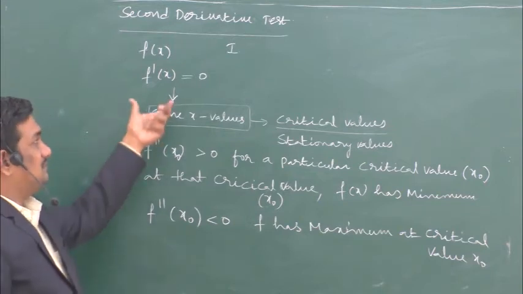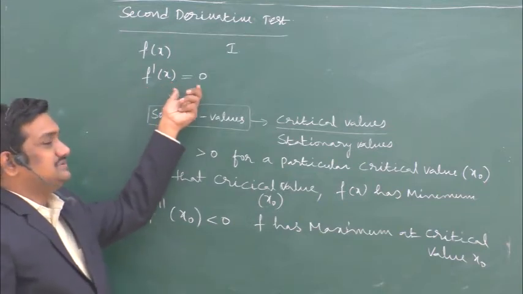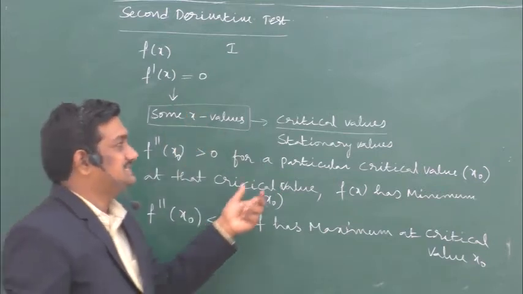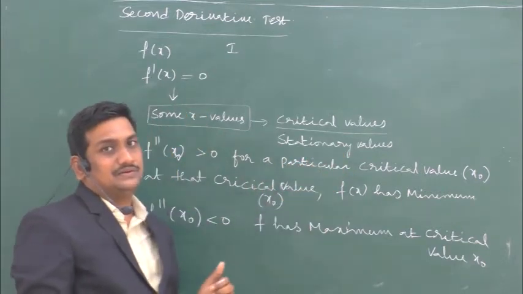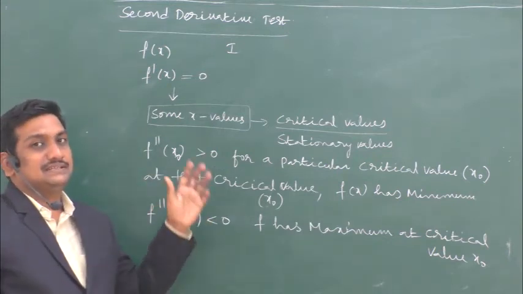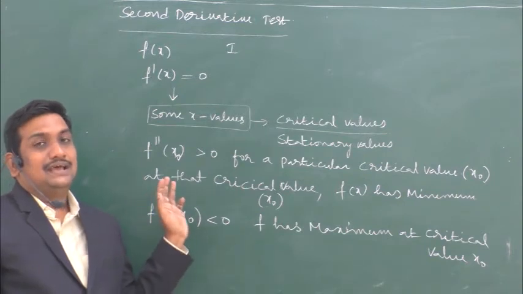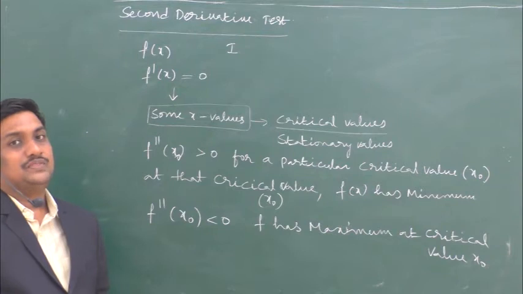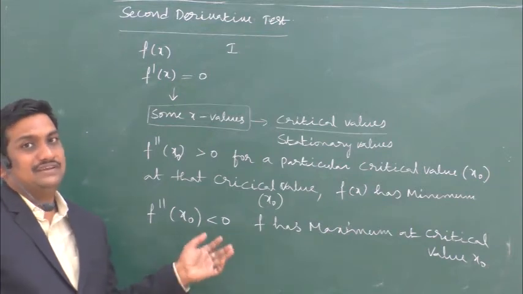The alternative name for critical value is stationary value. This comes under the second derivative test. The purpose of this test is to identify the maximum or minimum of a given function, if it exists.